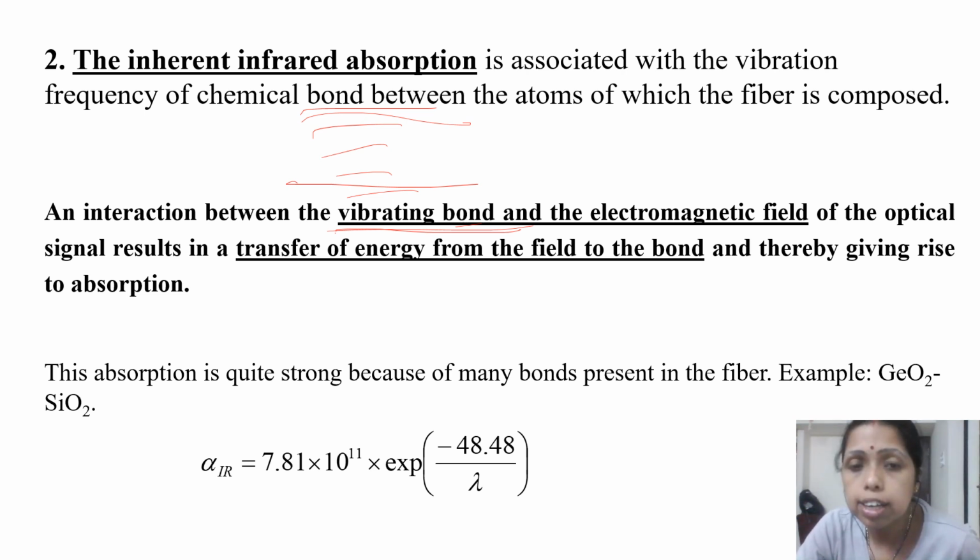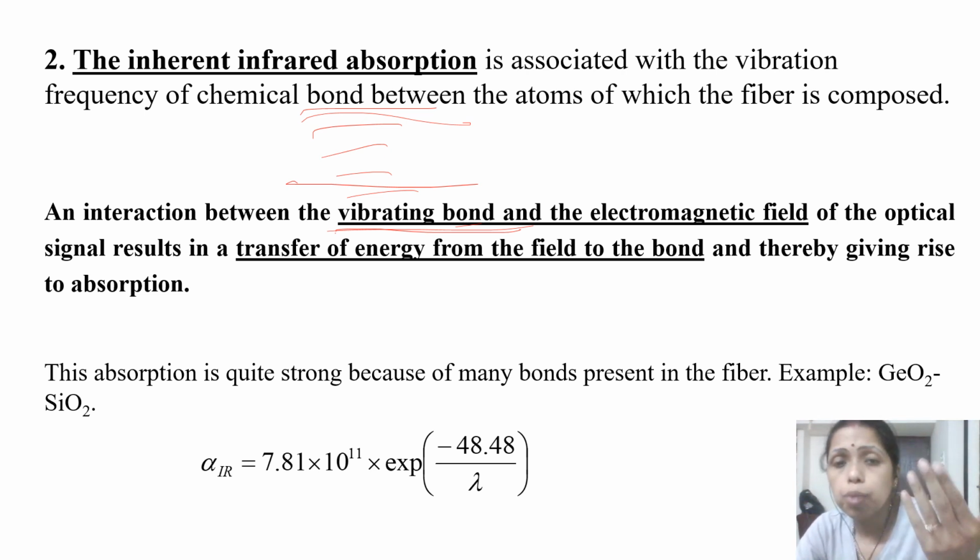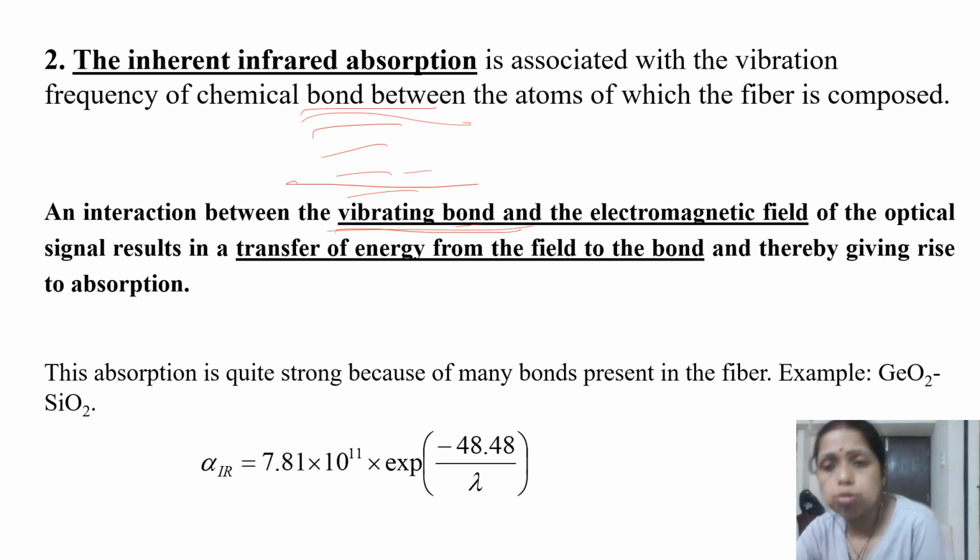The electron gets energy from this and can be accelerated into the upper band, so absorption may happen due to that also. This is called infrared absorption.